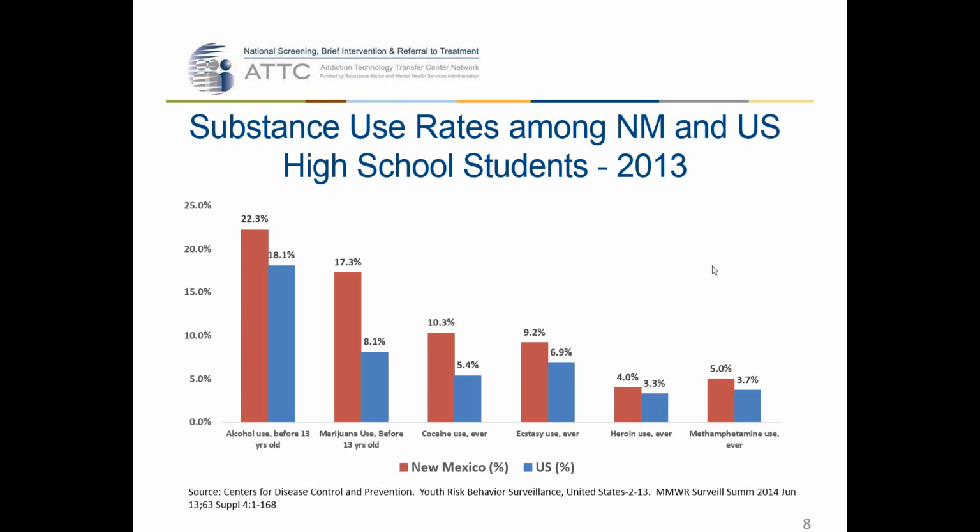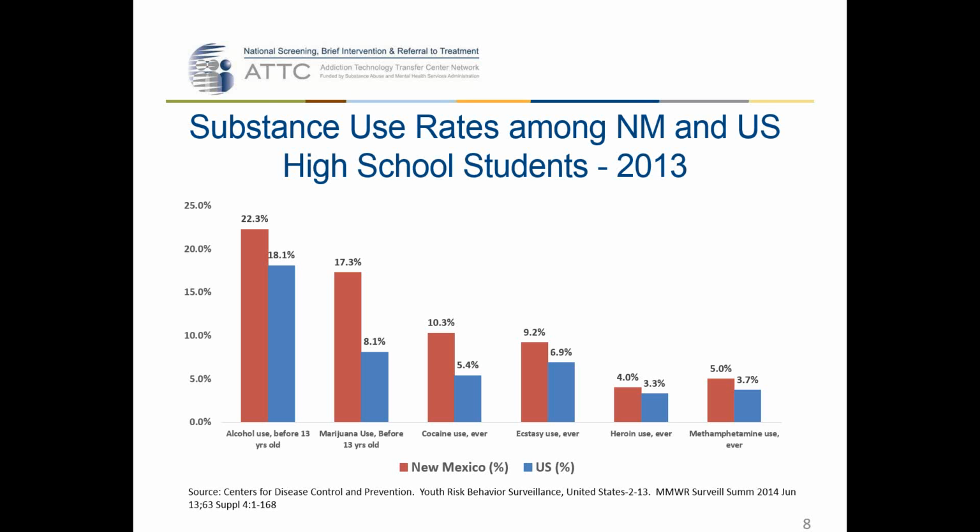Well, why is this important? Well, you all know this probably from your practices, but this is data from the Center for Disease Control. And as you can see, New Mexico's data is in red, and U.S. average data is in blue. The percentage of young people who've used alcohol before the age of 13 is significantly higher than the U.S. average, 22.3%.